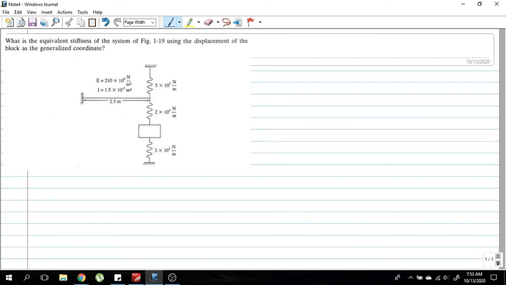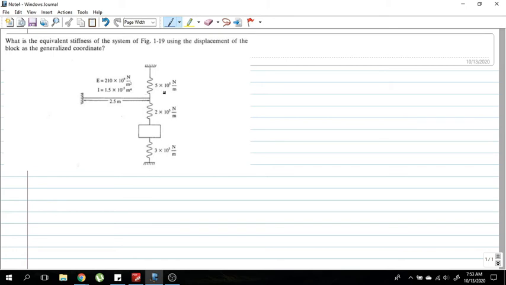Take a look at this example here. In this case also we've been asked to find the equivalent stiffness of the system, and this is an interesting case. Apart from normal springs, we have a beam attached to this system, right? In this case this beam also has a stiffness value.